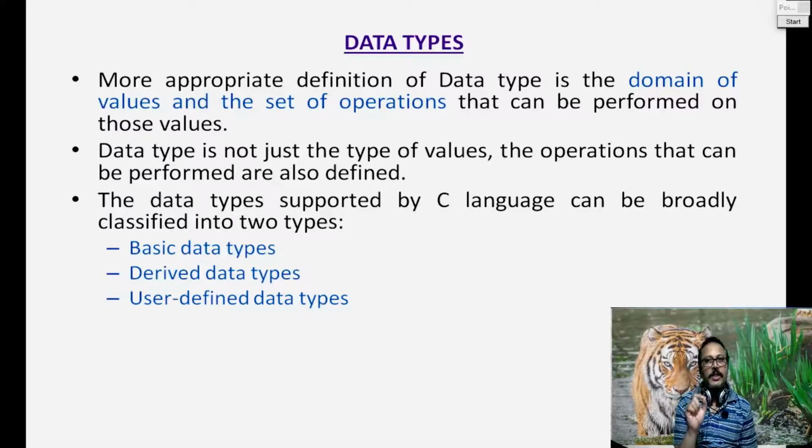We have to consider the correct definition, and usually you find this definition in programming languages related books. Principles of programming languages, fundamentals of programming languages, like that. In those books you find this definition of a data type.